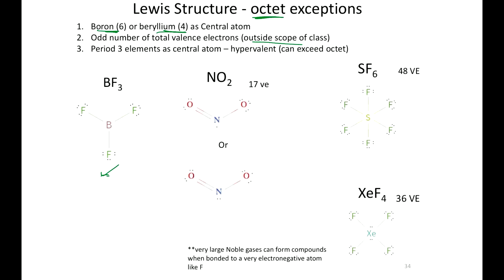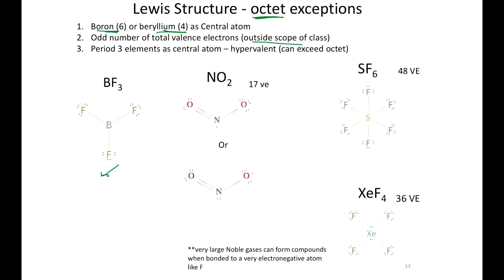And then the third exception is very large elements that are period 3 or heavier that can undergo the phenomenon called hypervalency, meaning that they can have expanded octets, right? Expanded octets means that the central atom has more than 8 electrons in its octet that it should typically have.